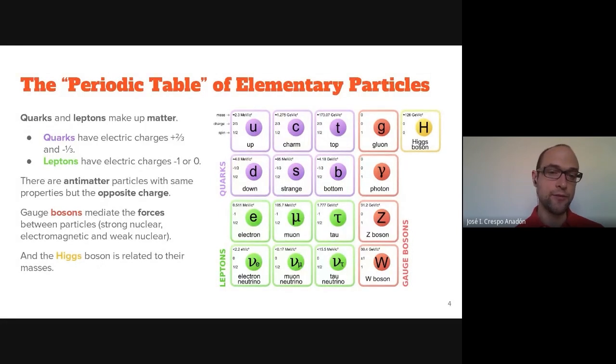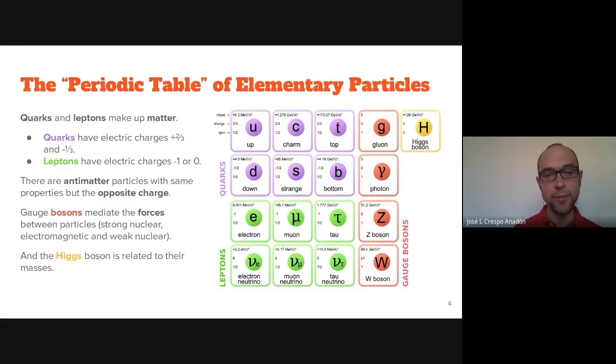And then we also have the leptons. For example, you probably know the electron, which has a charge of -1 in units of the electron charge. But we also have neutrinos, which are the particles that I'm studying. And in addition to those quarks and leptons, we also have antiquarks and antileptons. Those are antimatter particles that have the same properties as the other particles, but with the opposite charge.